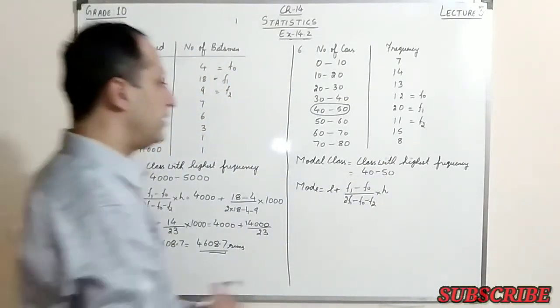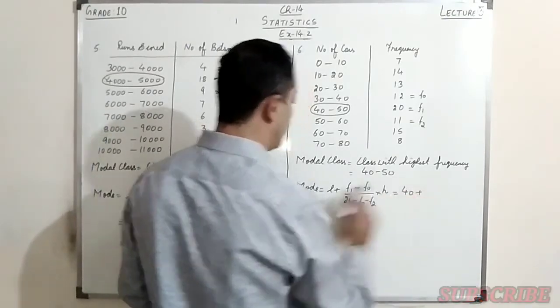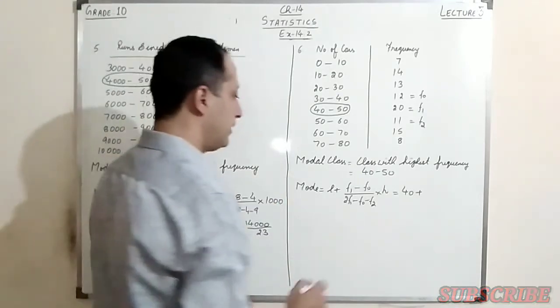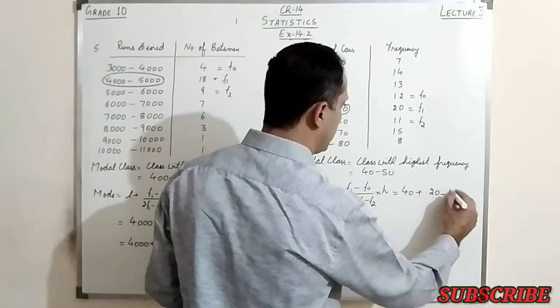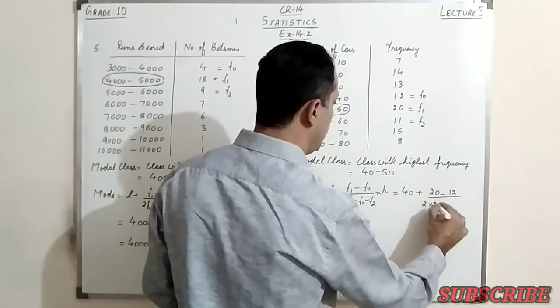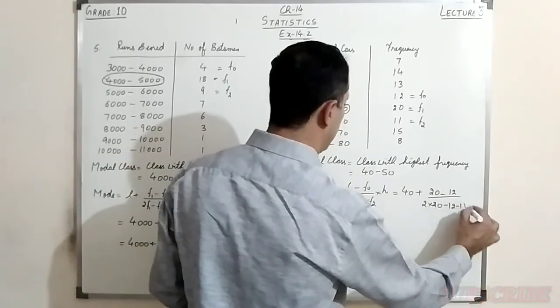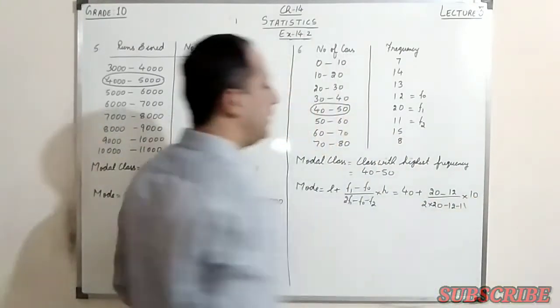Right, so substitute the values. This is 40, because L is the lower limit of the modal class. F1 is 20, so that is 20 minus 12 upon 2 multiplied by 20 minus 12 minus 11, and multiplied by h, that is 10.